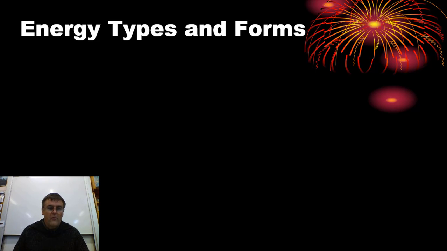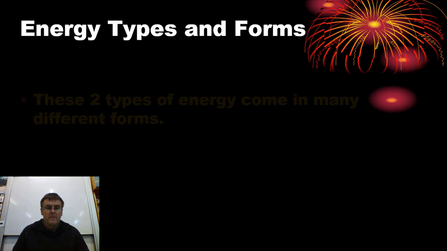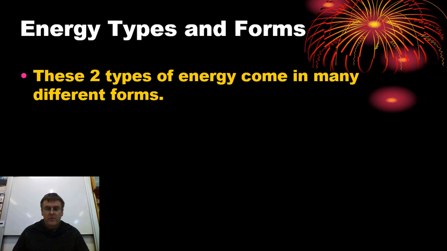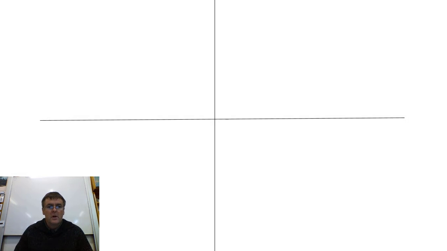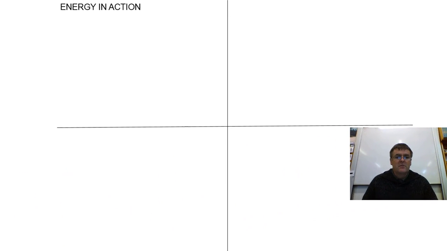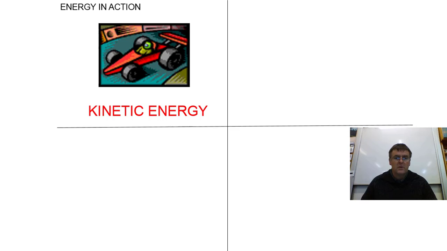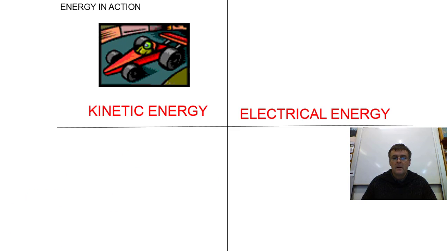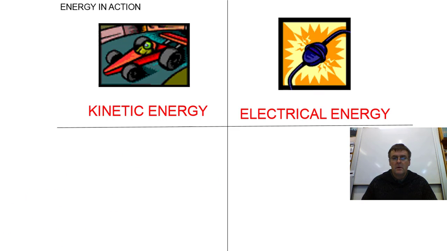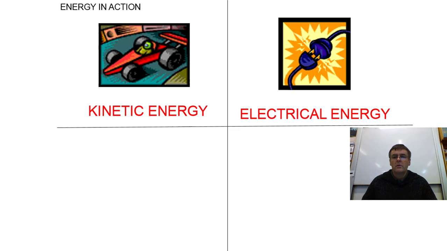So, what forms do these energies come in? So there's two types, active and stored, but they come in many different forms. So let's look at some of the active forms first. Kinetic energy. There's the car moving. Electrical energy. Plug the cords in, electrical current will flow through the wires.